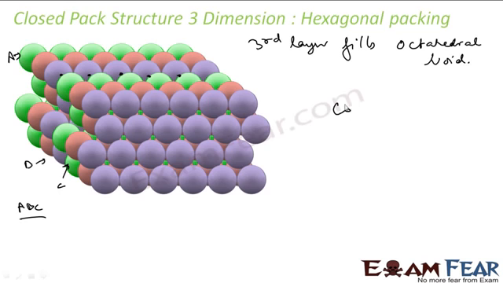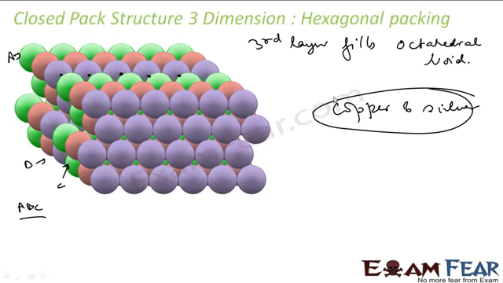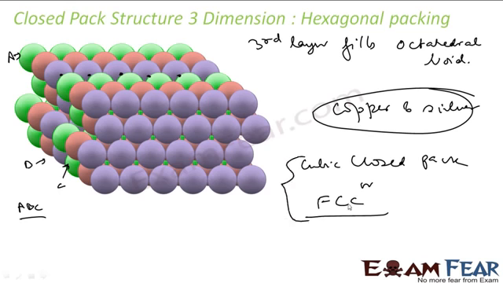So this is exhibited by copper and silver. Right? This is called cubic closed pack, or it's also called face center cubic structure. Face center cubic structure. This is what it is called.